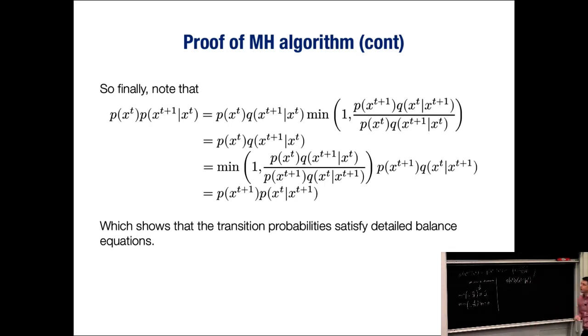If we accept, we just plug in this definition, so this is equal to p of xt times q of xt plus 1 given xt, and then times the minimum of 1 and this thing here, which is the numerator over the denominator in our expression.